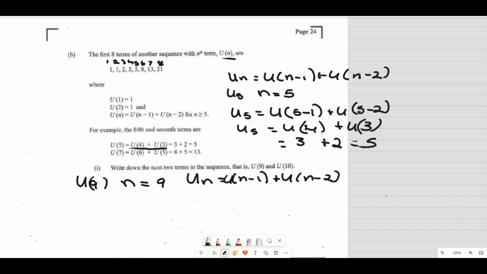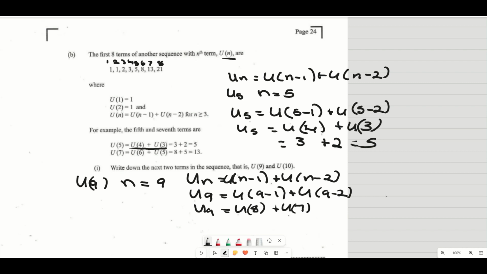So u9 is equal to u(9 minus 1) plus u(9 minus 2). Again, wherever I saw n in my formula, I put 9. So u9 is equal to u(9 minus 1), which is 8, so that's u8 plus u7.